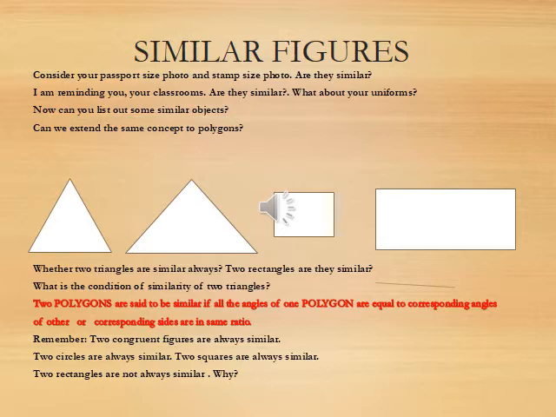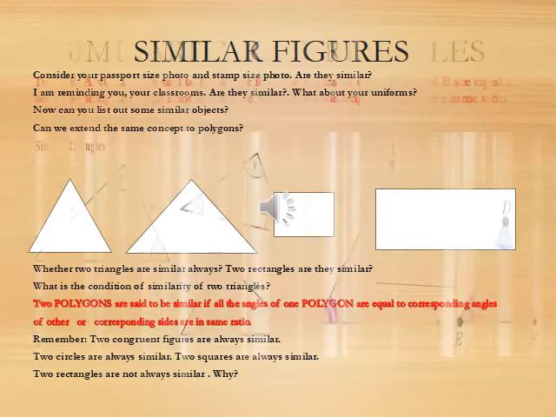So, just think of two notebooks of the same company, same size. They will be similar. Two circles are always similar. Two squares are always similar. But we can't say two rectangles are always similar. Why can't we say that two rectangles are always similar? Because the side ratio may not be equal.